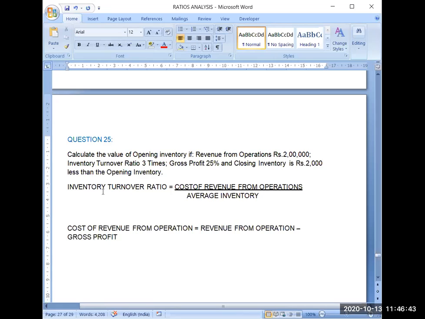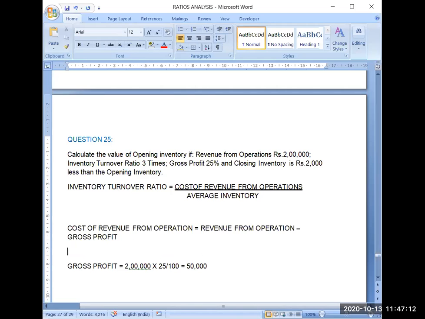So now revenue from operation I know, but gross profit I have to calculate. So gross profit is equal to 2 lakh multiplied by 25 upon 100, and it will be 50,000.